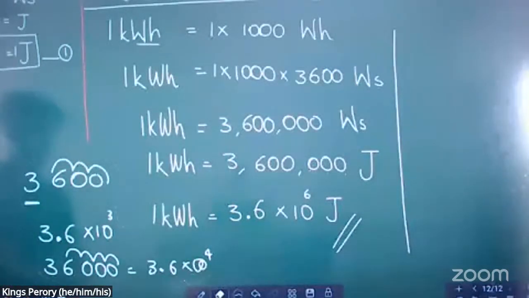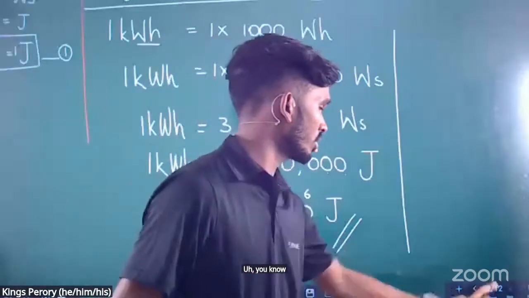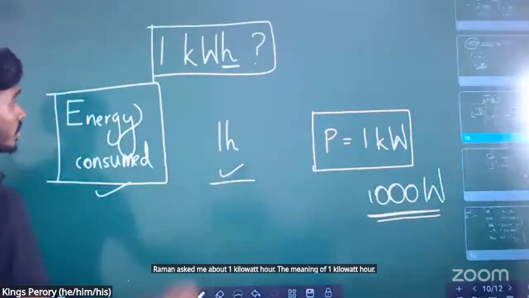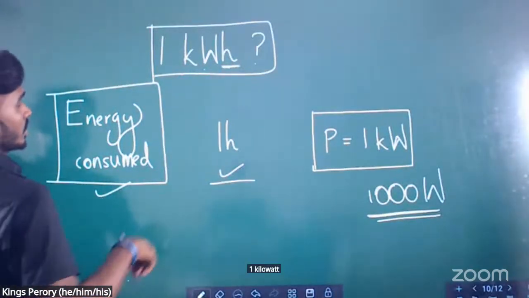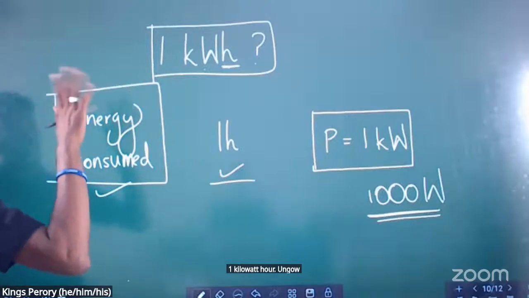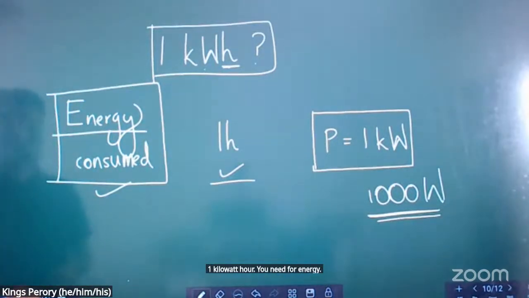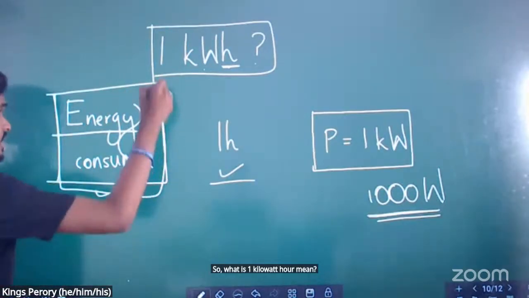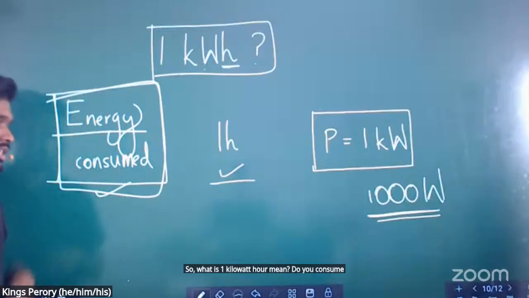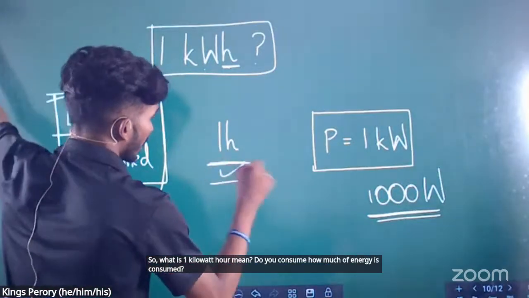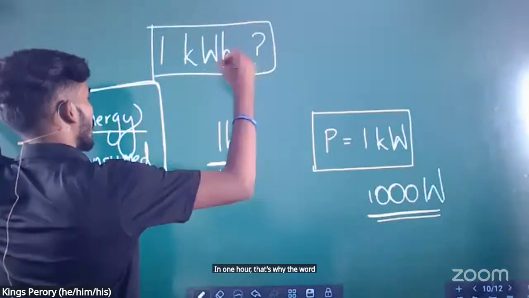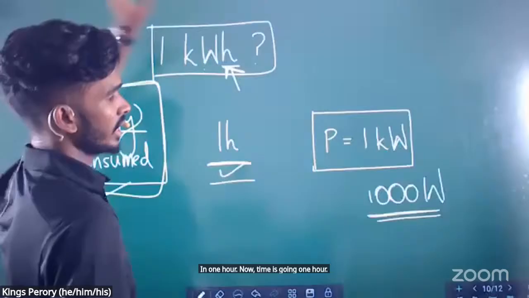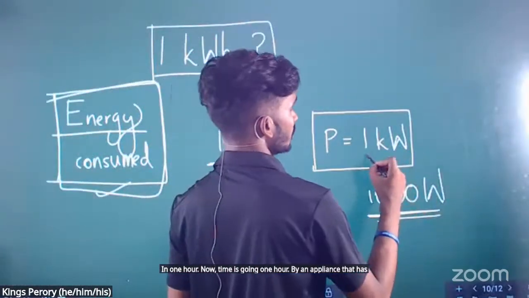Someone asked me about the meaning of 1 kilowatt hour. 1 kilowatt hour is a unit for energy. It means how much energy is consumed in 1 hour. That's why the word hour is given. By an appliance that has a power of 1 kilowatt.